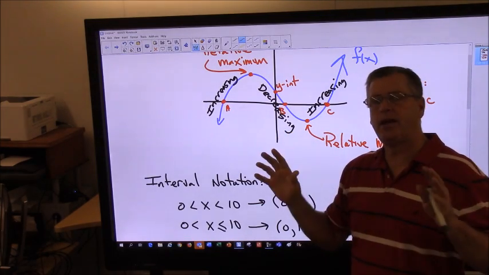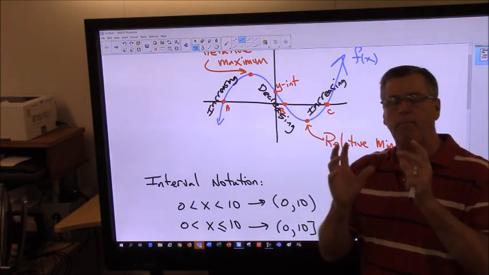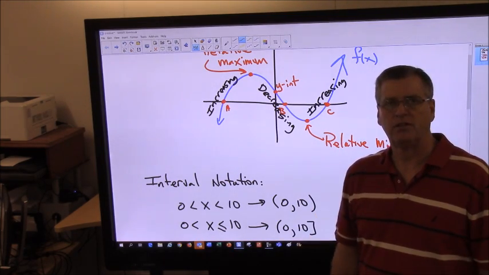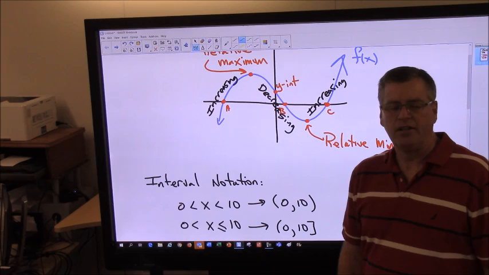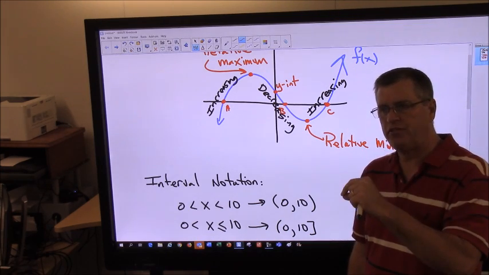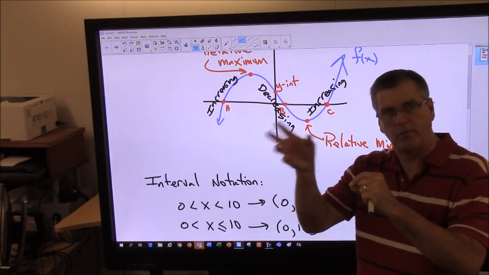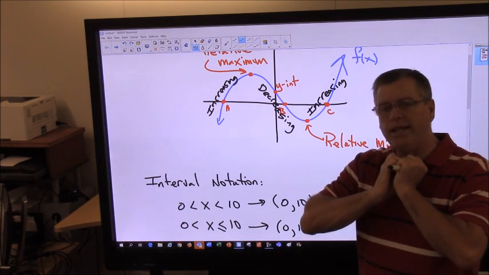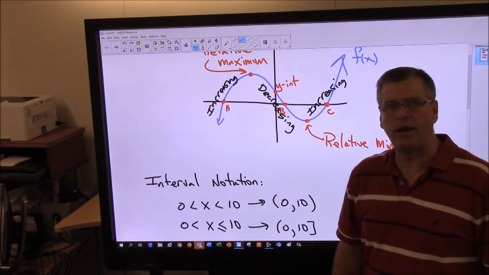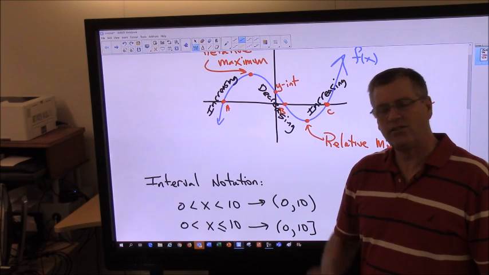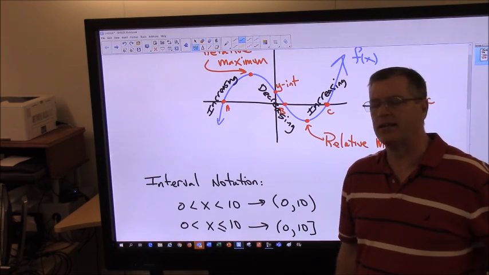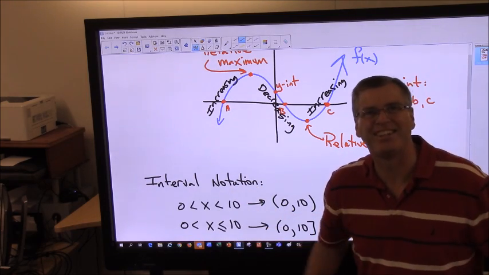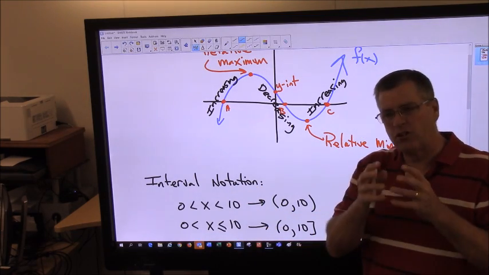Anytime I say anything about an interval, it's about the x values. Always. Except for one case. If I ask you to find the range of a function, domain and range, remember? Range refers to y values. Aside from that, we never, ever talk about the y values. That's one of the biggest mistakes that people make, and I think it comes down to, did you hear somebody say that? That's why we have to focus on these little details.